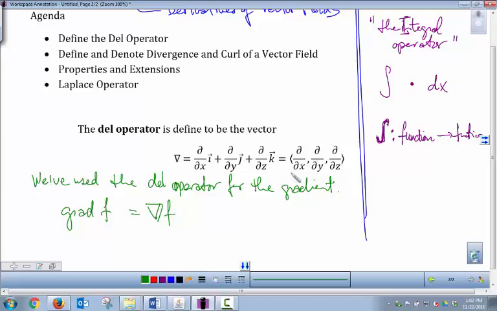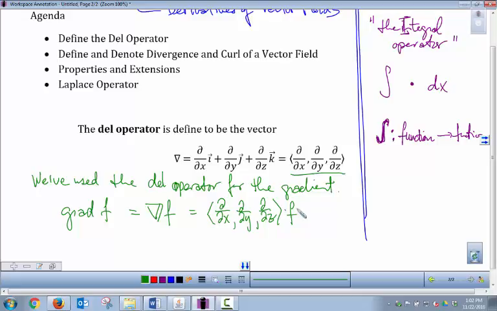And if you look at this operator and treat it like it was a vector, and remember that f is a scalar function, which means it outputs a scalar.